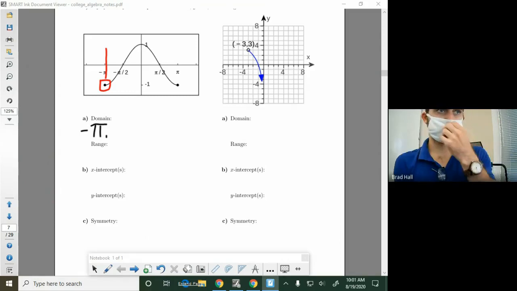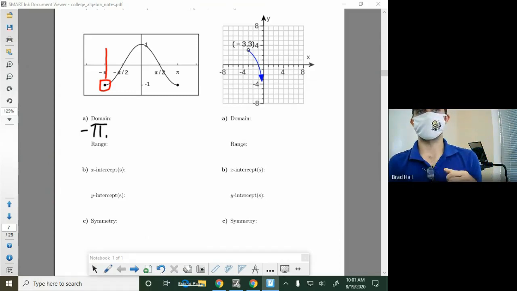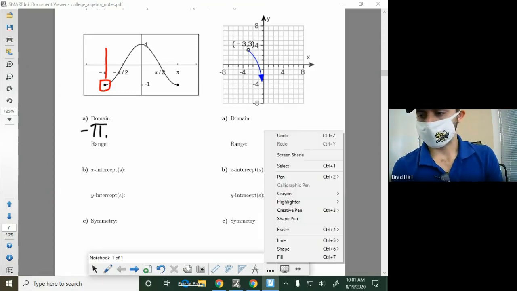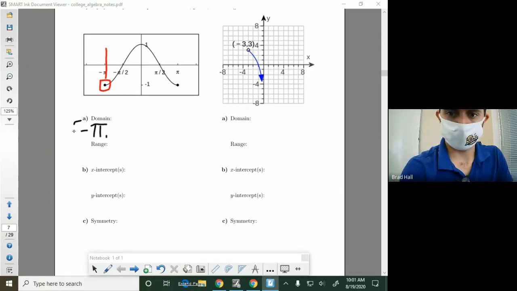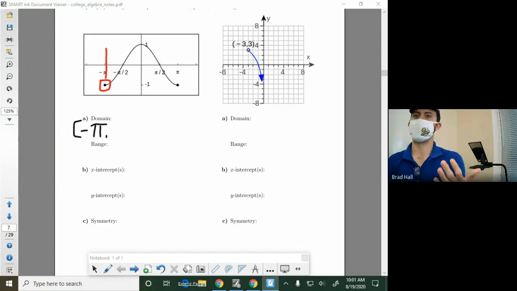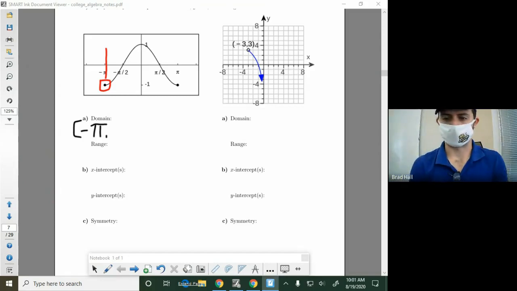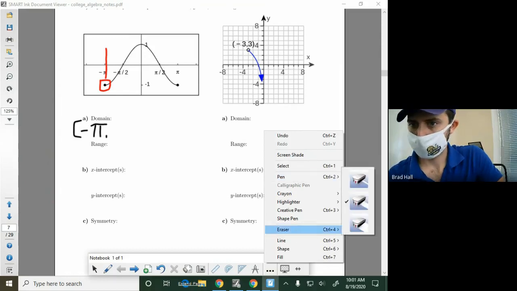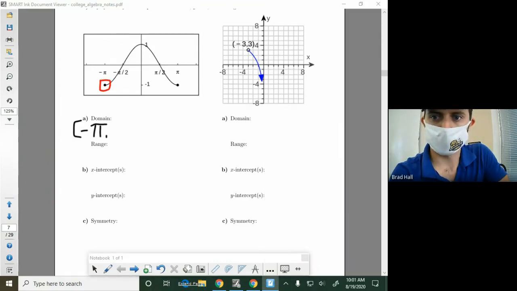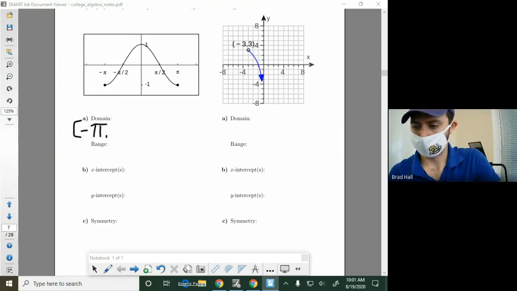So negative pi, and remember with interval notation, we use either a bracket or parenthesis for every number. For negative pi, we're going to use a bracket. Bracket means inclusion. We include negative pi because the point over here, right above here, is a filled in circle, which means that the point is included.